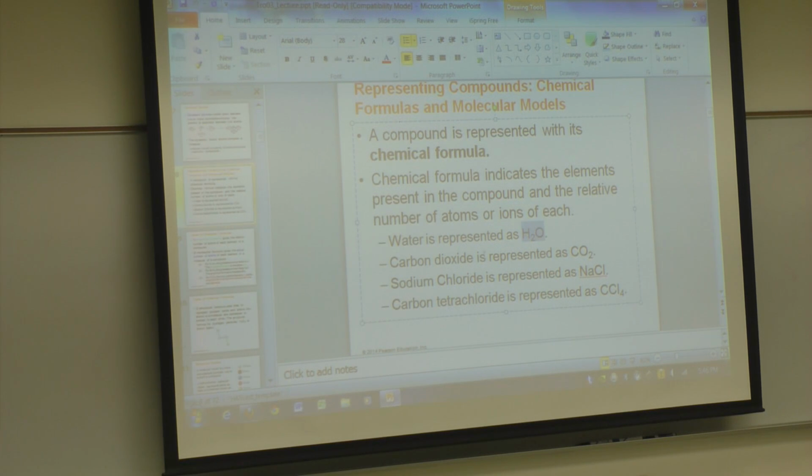So for example, water has 2 hydrogen and 1 oxygen. Carbon dioxide has 1 carbon and 2 oxygen. Carbon tetrachloride is represented as CCl4, where it has 1 carbon and 4 chlorine atoms.